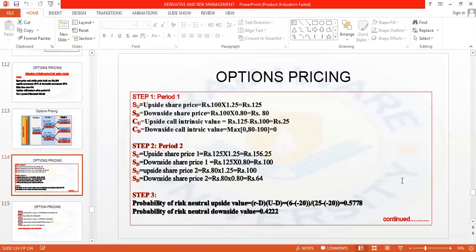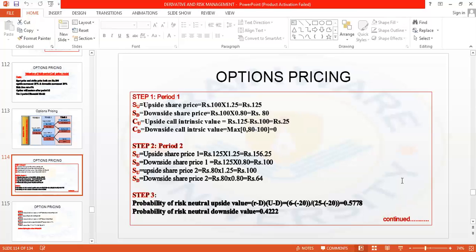So we know that we have to ascertain the probability of upside movement. This is calculated by risk neutral formula of R minus D divided by U minus D. R means risk-free interest rate, which is 6, minus D means downside movement, it is 20% minus.